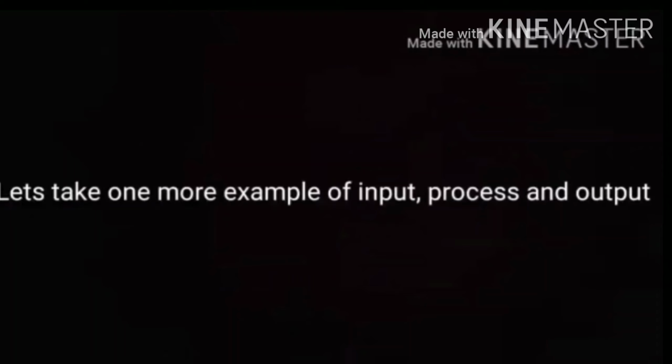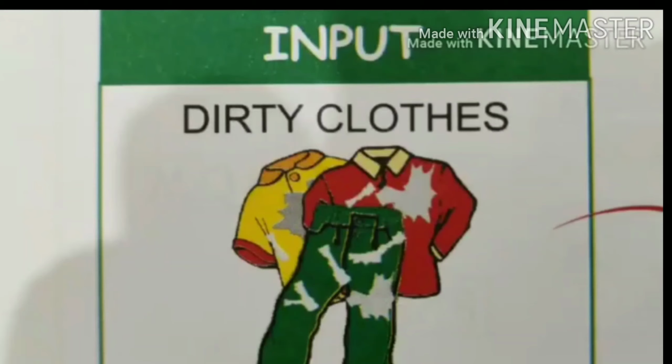Let's take one more example of input, process and output. Children, suppose you ask your mother to wash your dirty clothes. You are giving instruction to your mother to wash your dirty clothes. So here dirty clothes will be input.